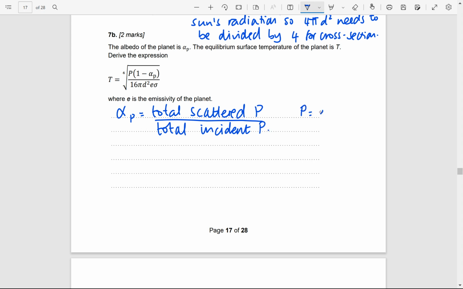Now we know that power equals E sigma A T to the fourth. So we know that P equals, I'm going to plug in here, 4 pi d squared E sigma T to the fourth. I've done a theta there.